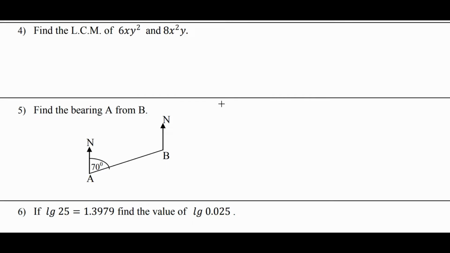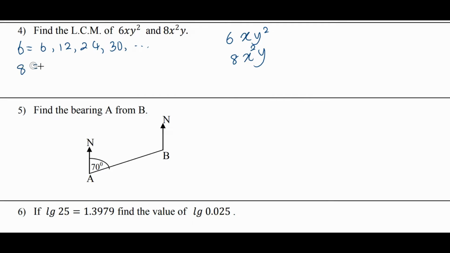Find the least common multiple. LCM is the least common multiple of 6xy squared and 8x squared y. First of all, find a common multiple for the numerical values 6 and 8. That means we can write down the multiplication table of 6: 6, 12, 18, 24, 30 and so on.